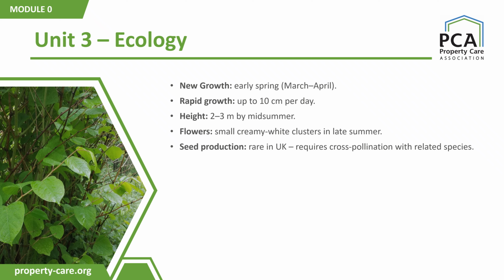Growth is extremely rapid, often up to 10 centimeters per day, and by midsummer the plant reaches full height, usually between 2 and 3 meters tall, provided there hasn't been any disturbance. In late summer, Japanese knotweed produces small clusters of creamy white flowers. Although it can produce seeds, in the UK these are almost non-viable unless cross-pollinated with a closely related species such as giant knotweed. As a result, most spread here is through vegetative means, which we'll cover in the next slide.